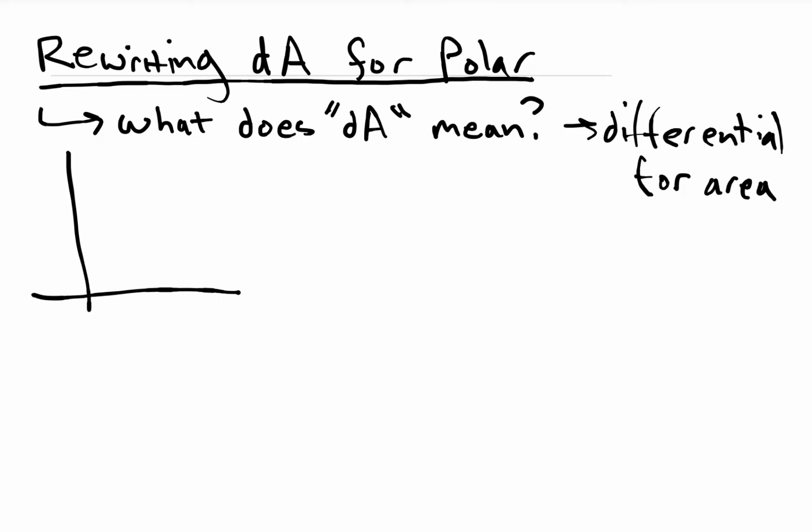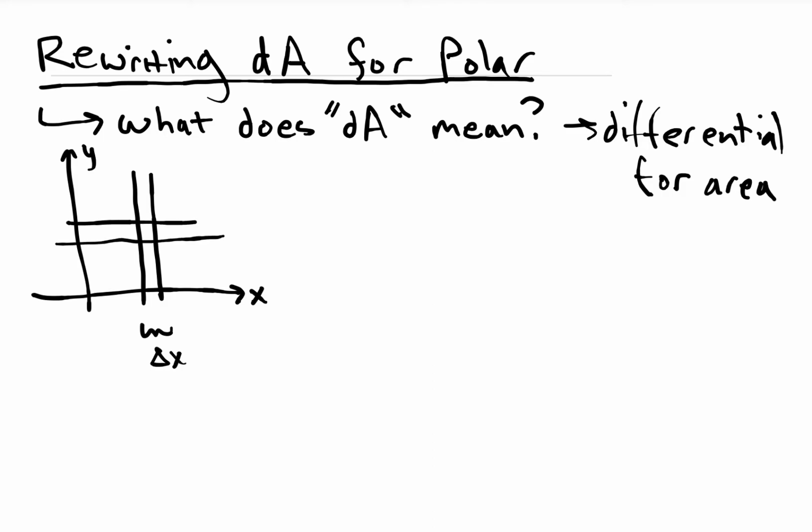If I'm dealing with some sort of incremental change in area, area is a two-dimensional thing. If I'm in my standard Cartesian coordinates, and let's say I give you some sort of itty-bitty incremental change in x and some sort of itty-bitty incremental change in y, these are standing in for true change.